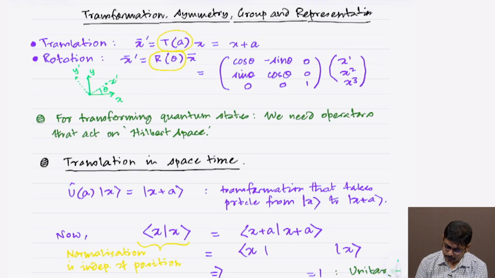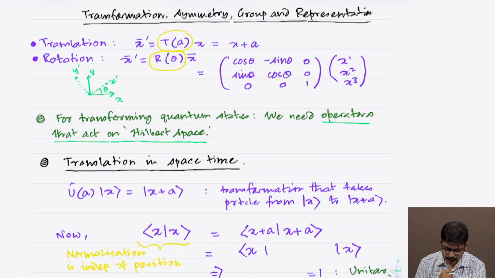The first thing we note is that for transforming quantum states, because they reside in the Hilbert space, we need operators which act on Hilbert space. What a Hilbert space is, you should ask ChatGPT and get me an answer by the next class.